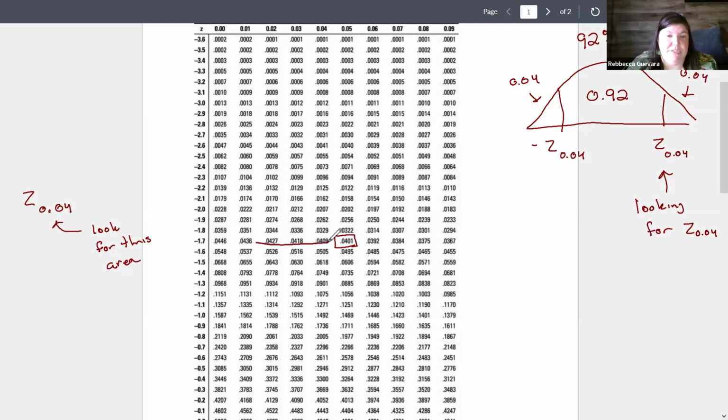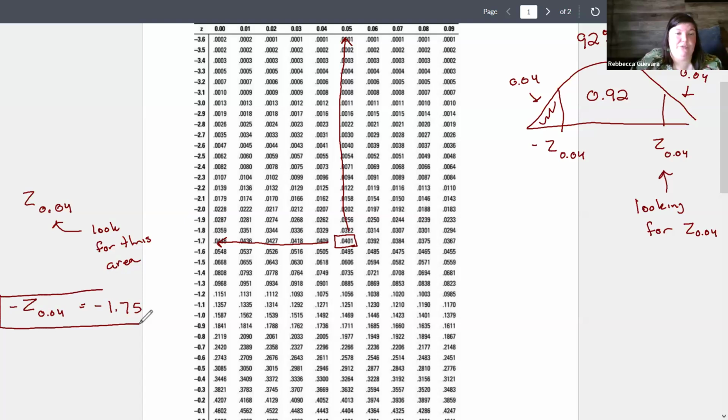Remember, all I need is to go backwards and get the z-score that goes with that. So here it's telling me that the z-score is negative 1.75. So what we found was this area that's to the left. So we actually found the negative z-score. So that's what we're finding first, that negative z-score here. So this is negative 1.75. If I want the other one, all I have to do is change this negative into a positive.